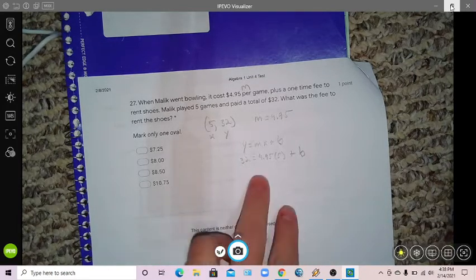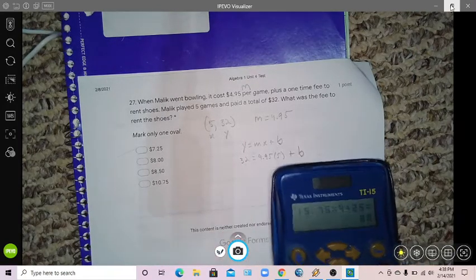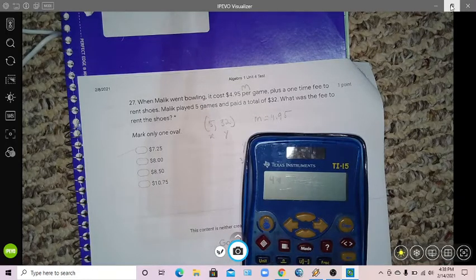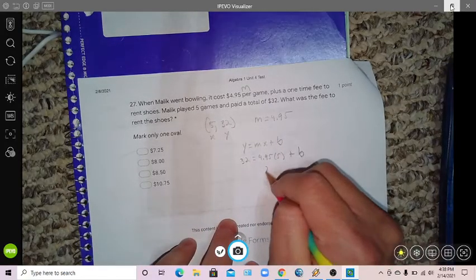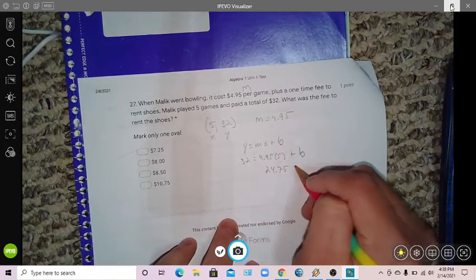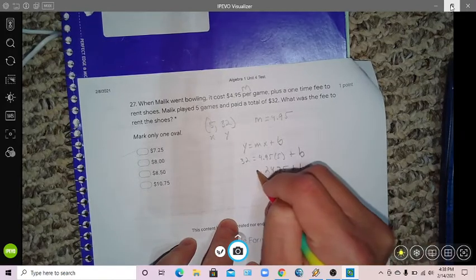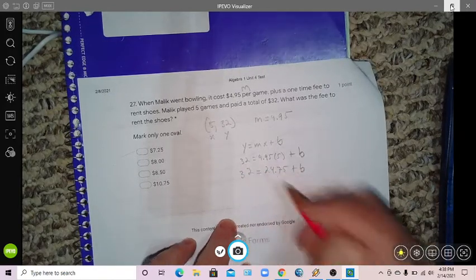So first we're going to do 4.95 times 5. Okay, so I'm going to clear this. 4.95 times 5, and that gives me $24.75. And he paid a total of $32.